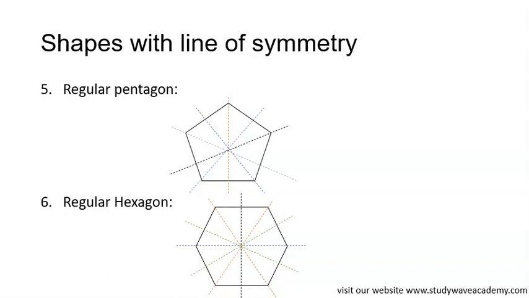So today's lesson on symmetry, we understood everything we looked at, right? We now know how many symmetry lines a triangle has, also a rectangle, square, rhombus, pentagon, and hexagon, right?